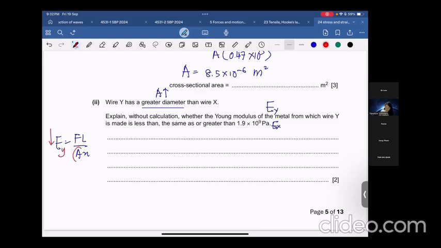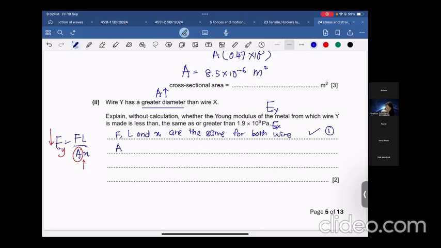It's because our area is greater. For this answer scheme, they want you to mention that F, L, and X are the same for both wires. 1 mark.